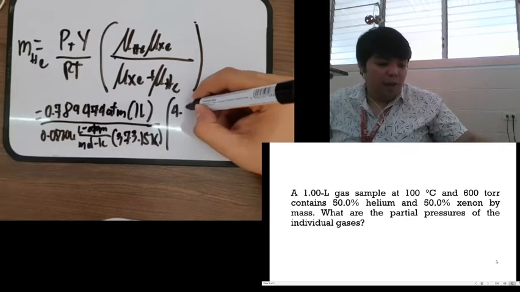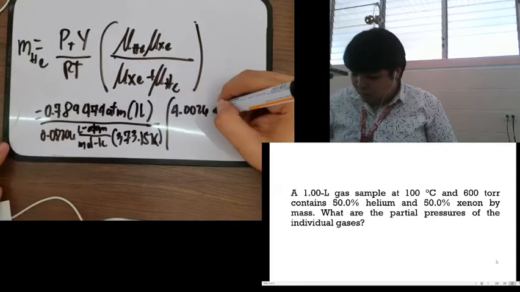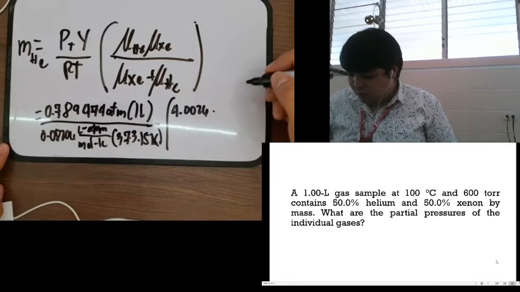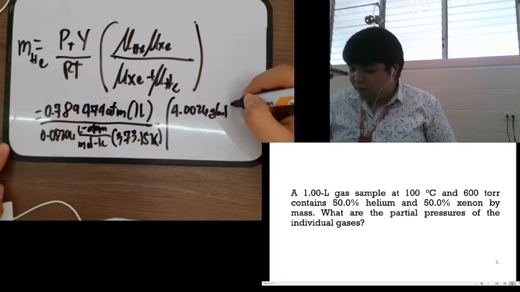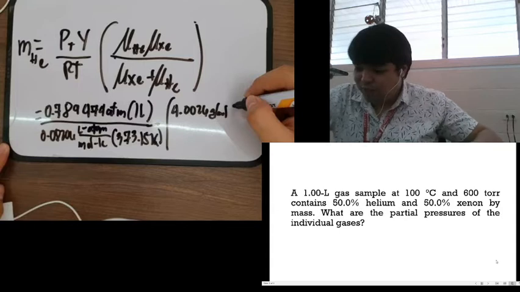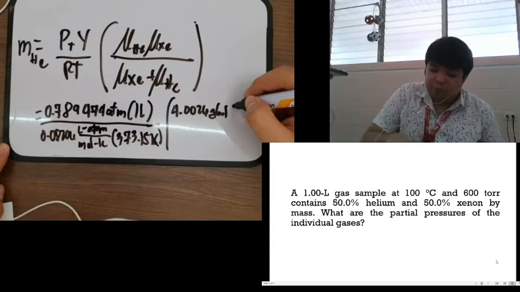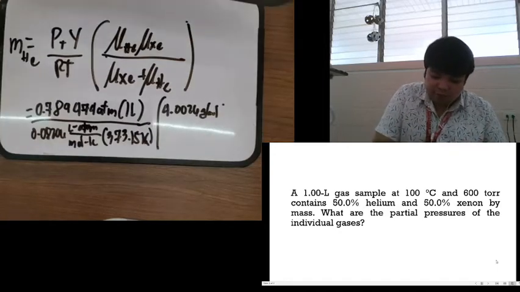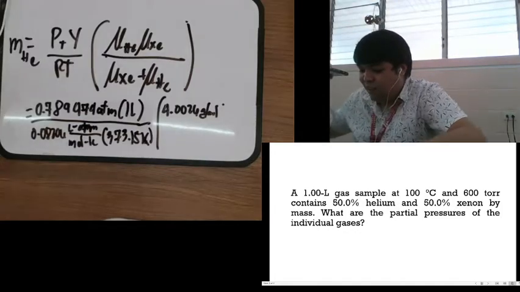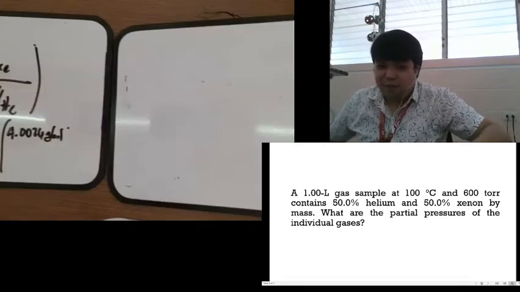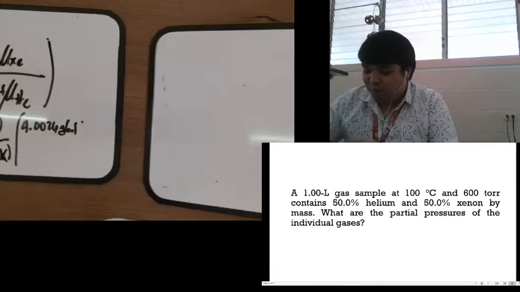Regarding the molar mass of helium, it is 4.0026 grams per mole. Wait lang guys, let me look for the next one.